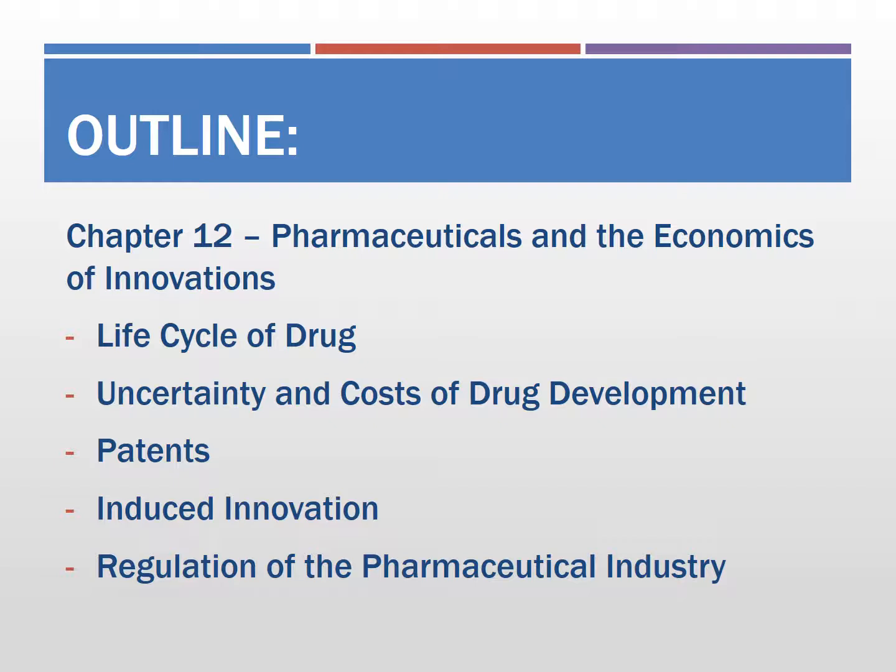And at the end of this chapter, we would like to talk about the innovations of the pharmaceutical industries, why it is important, how regulations actually affect the pharmaceutical industry in general, and what kind of regulation we should actually design for this specific market.